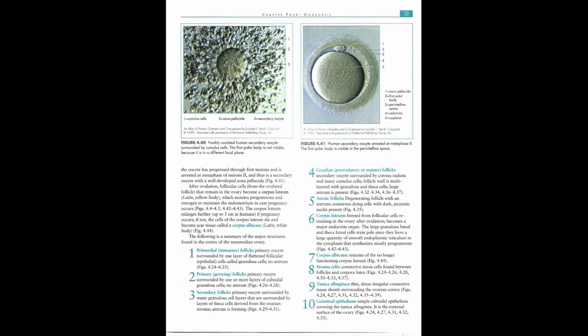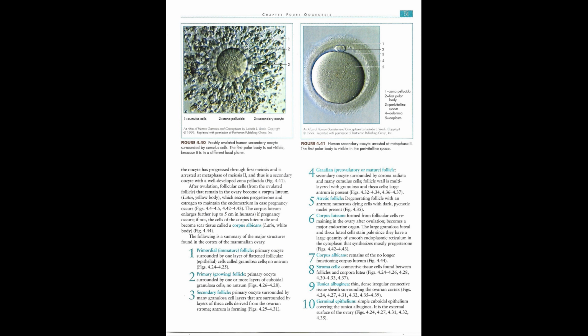Primary, growing, follicle: primary oocyte surrounded by one or more layers of cuboidal granulosa cells, no antrum, Figs 4.26 to 4.28. Secondary follicle: primary oocyte surrounded by many granulosa cell layers that are surrounded by layers of theca cells derived from the ovarian stroma, antrum is forming, Figs 4.29 to 4.31.